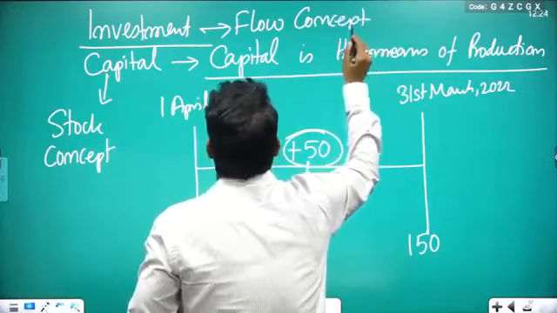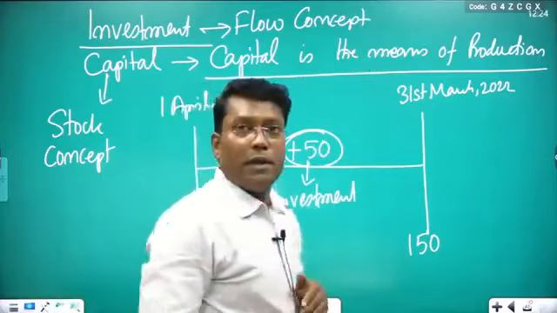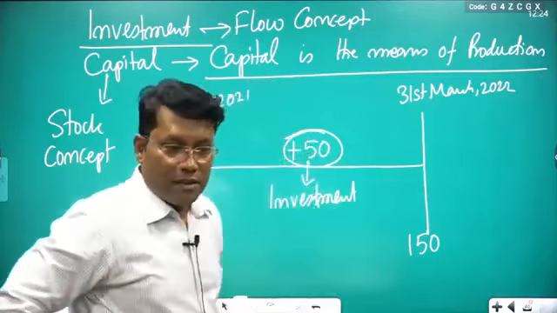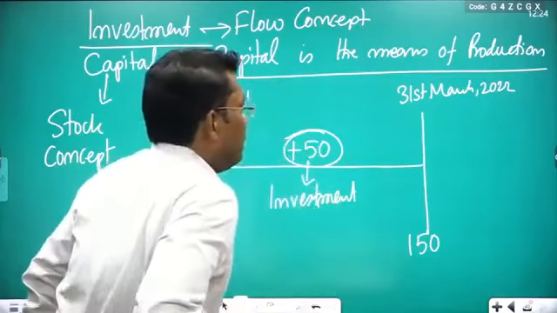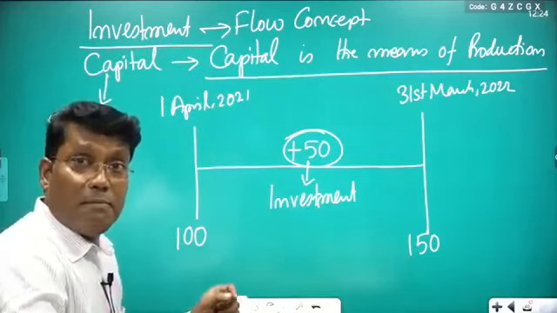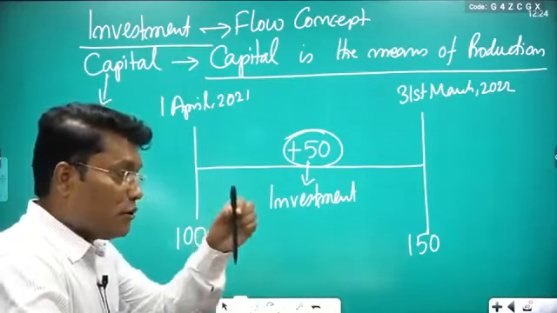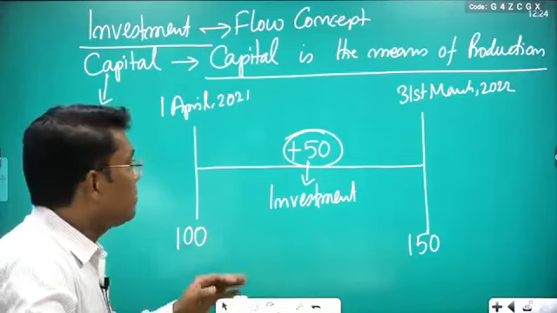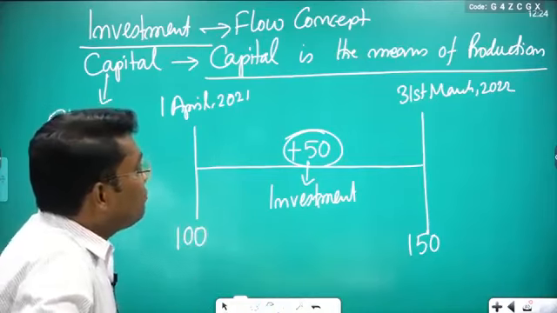Investment is a flow concept because we measure it during a given period of time. But capital you measure at a point of time, so it is known as the stock concept. Clear to all?